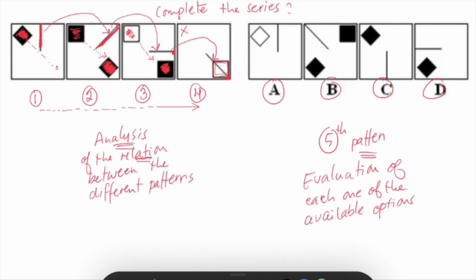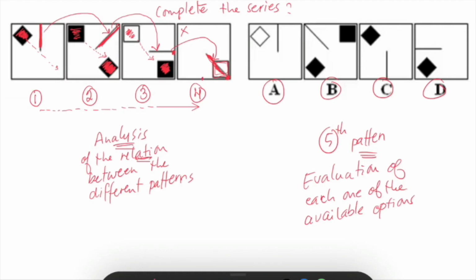So it's easy. Let's think about the line in the fourth pattern. According to its history of clockwise movement, I expect it will move to the center of the bottom side of the square.